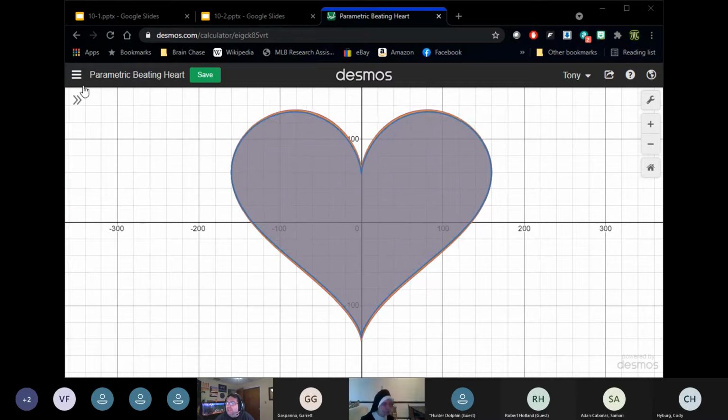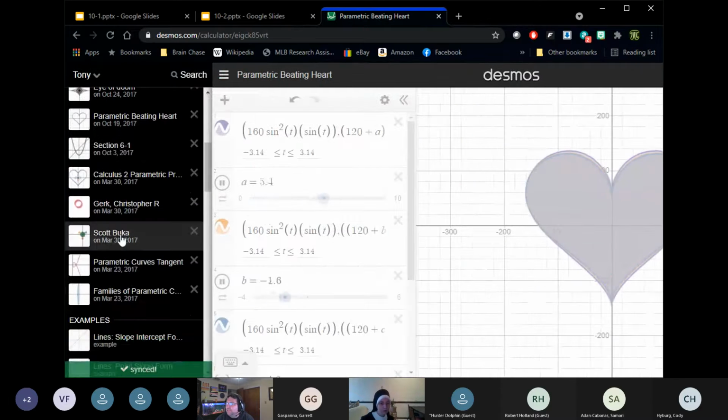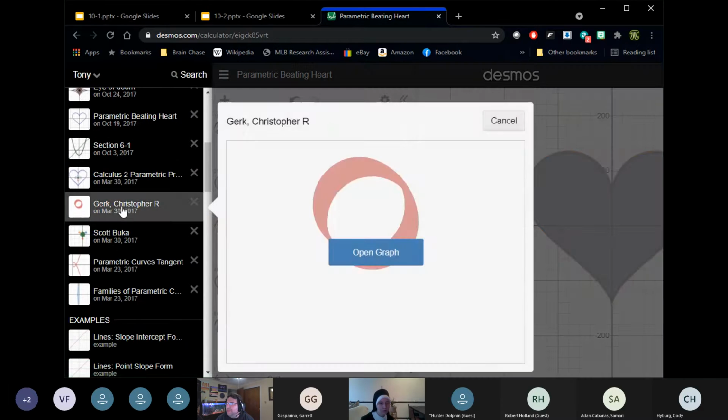So basically what I want you guys to do is, after class tonight or before next Thursday's class, come up with a cool parametric equation graph on Desmos. So this is one example. It's just the beating heart. This is another couple examples of what people have done in my class.